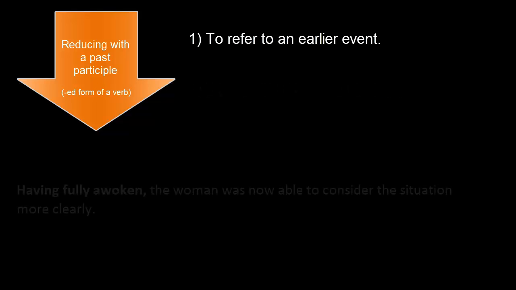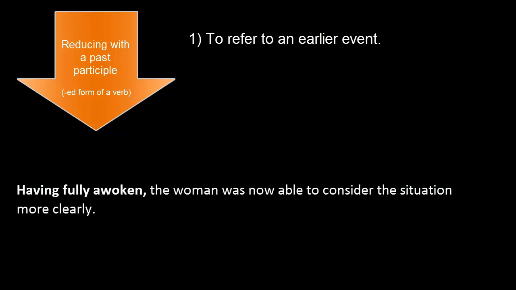Here's a line from the story. Having fully awoken, the woman was now able to consider the situation more clearly. This phrase actually expresses both a reason and an earlier event. The full adverb clause would be, because the woman had fully awoken.